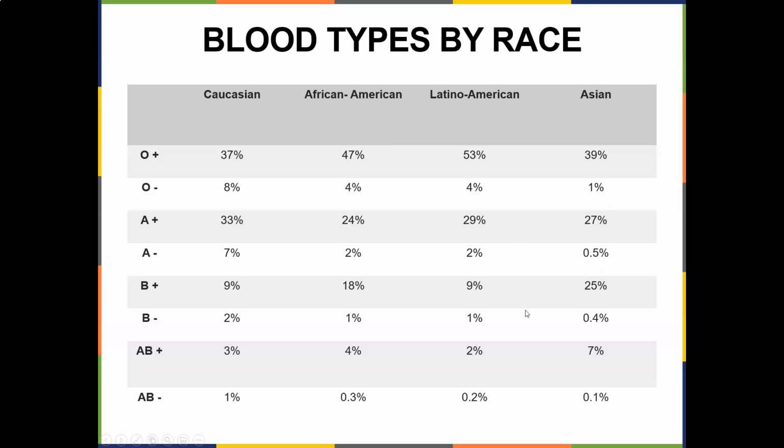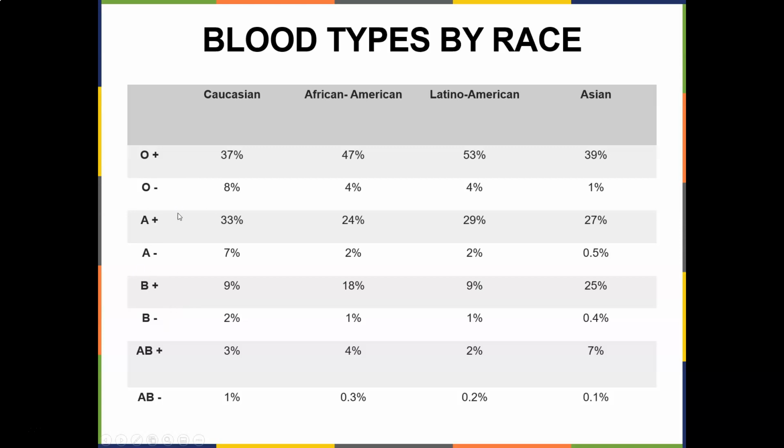Okay, so let's say your mom is O and your dad is O, then your child will be O. If your dad is A and your mom is B, then the child could be AB. But let's say your mom was A and your dad was O. Because O is recessive, the child will be A. If your dad was B and your mom was O, the child would be B because O is recessive.